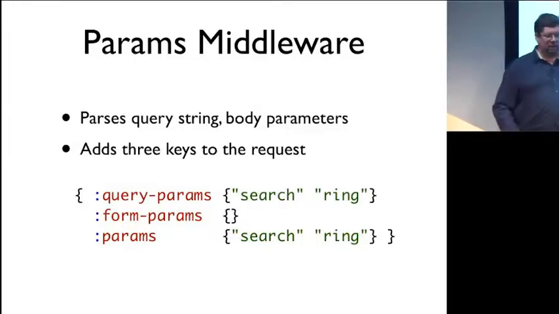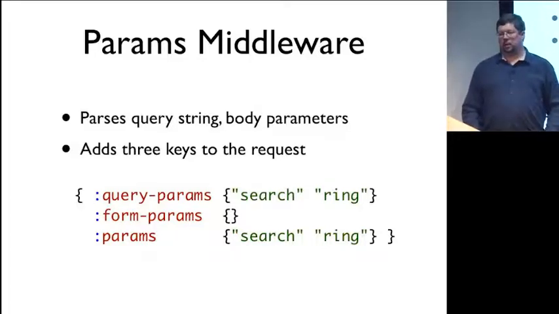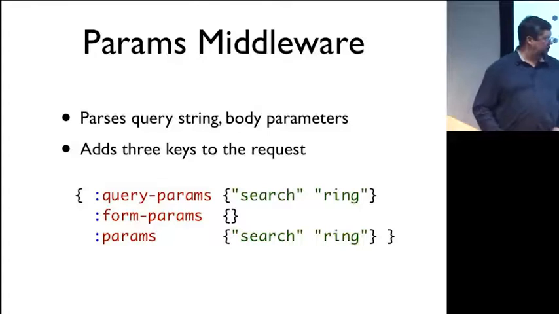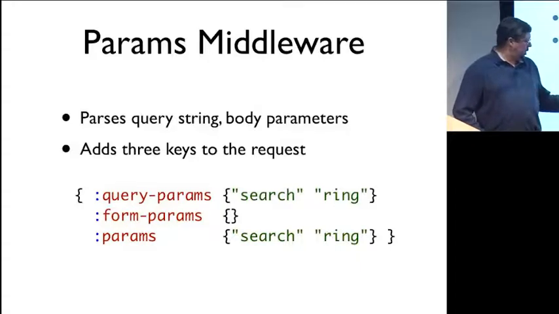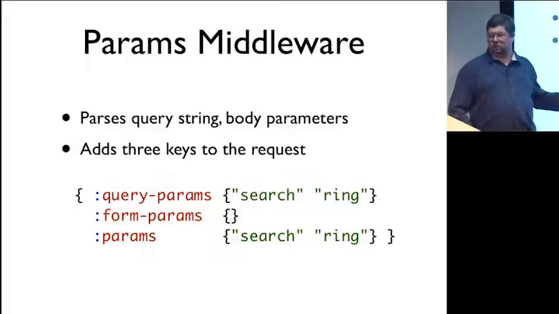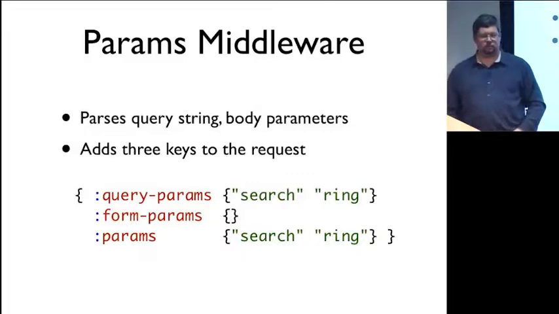Query params, which it gets out of the query string. In this case, search. The search parameter has a value of ring. Form params, which it parses out of the body, either a multi-part form request or a URL encoded form body. And params, which is a merge of these two. So you see all your params in one place.